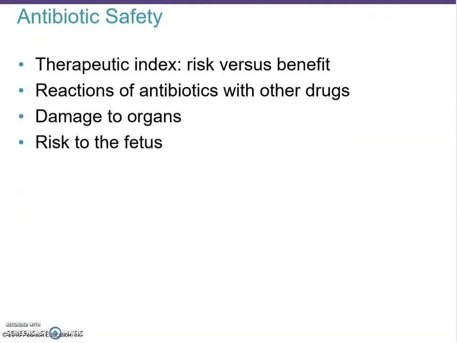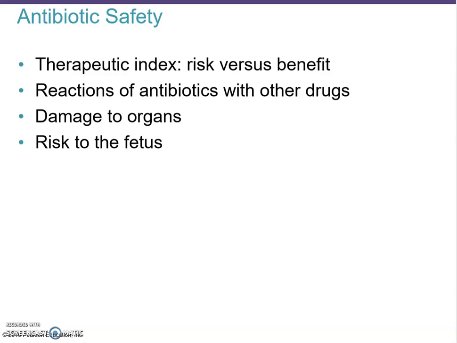Antibiotic safety. So there is a therapeutic index, and you always want to weigh the risk versus the benefit of taking an antibiotic. Risk could include that the antibiotic could react with other drugs. It could be drug interference or drug problems, that the two drugs are not compatible.